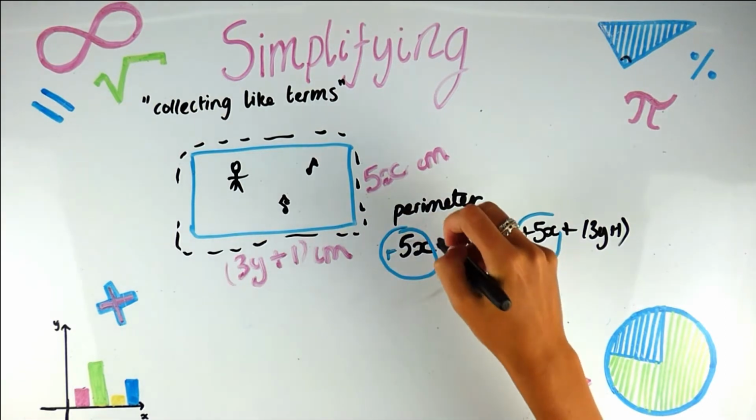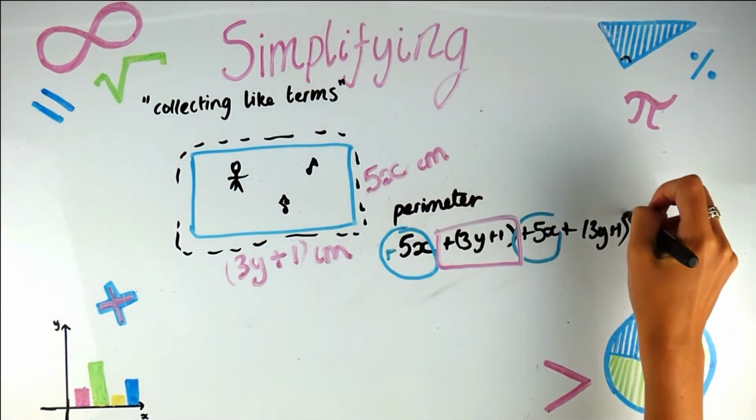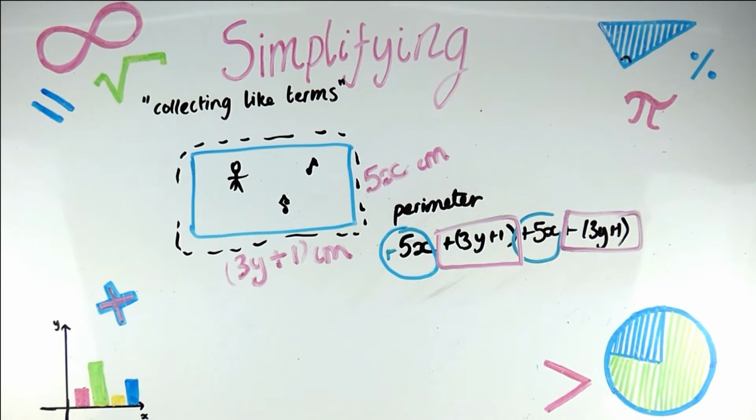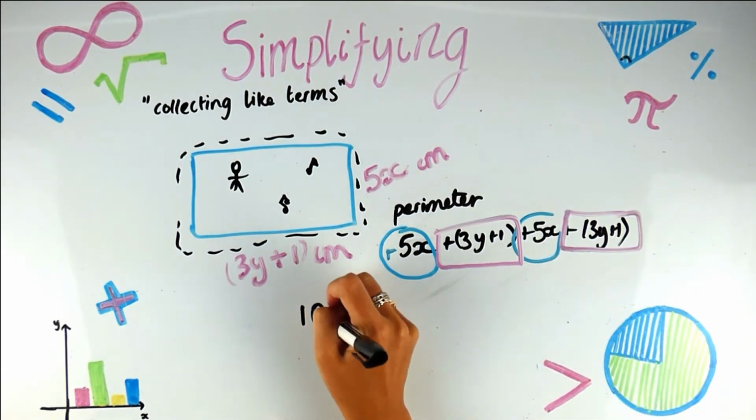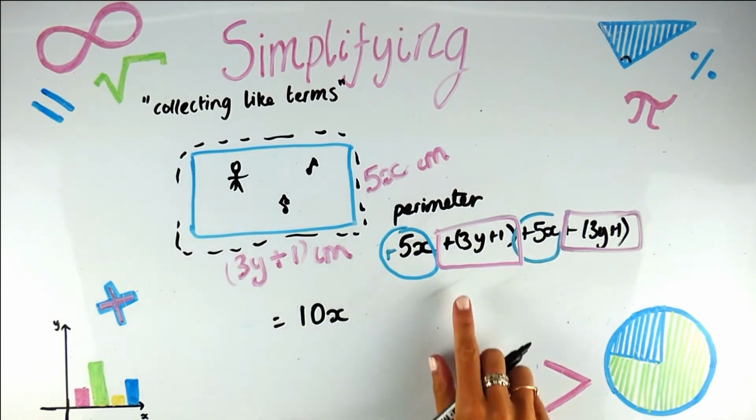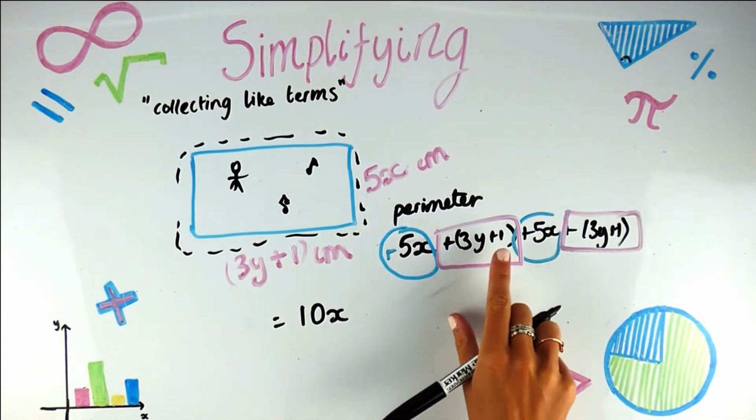So there, invisible positive. Squares, and those are the same. So let's do this. We've got 5x's plus 5x's, so like 5 apples plus 5 apples, we're going to have 10 apples, 10 x's. And we've got 3y.